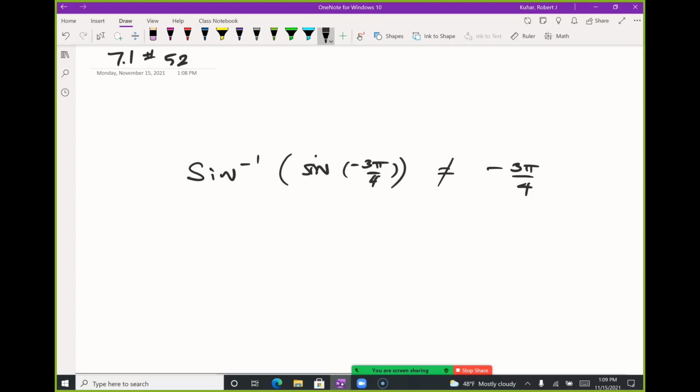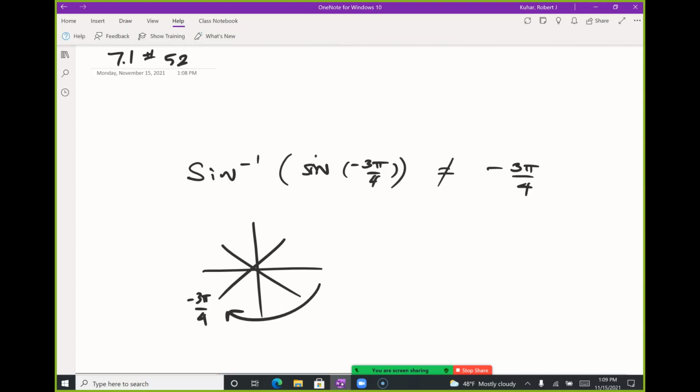right? I've got to be thinking about my quadrants. Where is 3 pi over 4? Well, negative 3 pi over 4, right? It's here. But since I'm dealing with a sine function, all I have to figure out is which angle will give me the same height for sine. And it's obviously minus pi over 4.